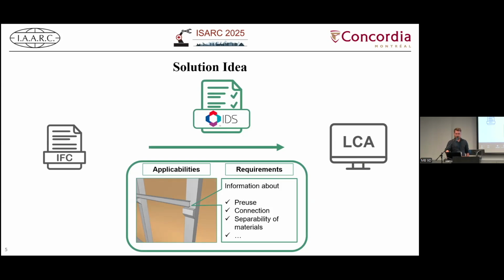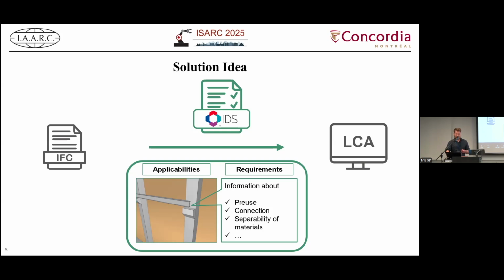It consists of two components, the applicabilities, which show where to apply the rules, and the requirements, which are the kind of rules that say which information is needed.